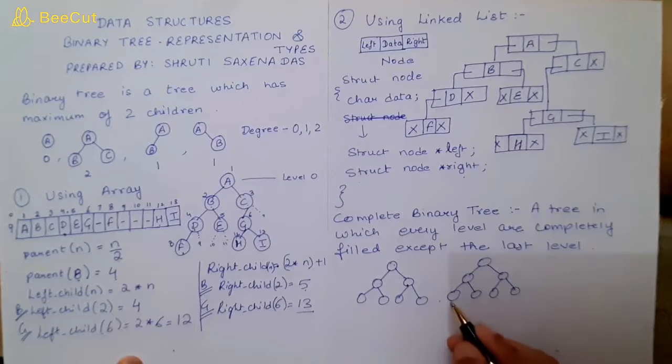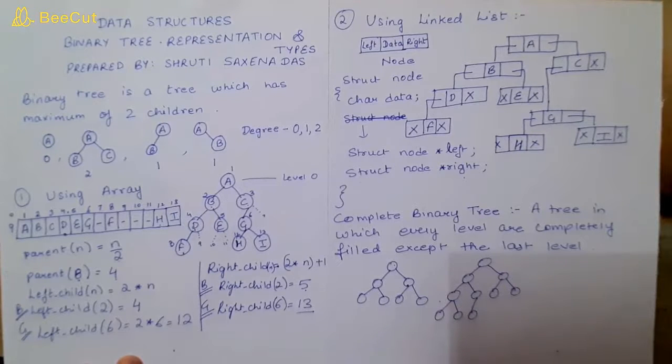Suppose you are having tree like this. Now see, you can see this level is complete. Root level is complete, it is having 2 child. Then first level, it is having 2 childs, it is also complete. Then the second level, we are having 2 child and it is having only 1 child. So in the last level you are not having all the leaves.